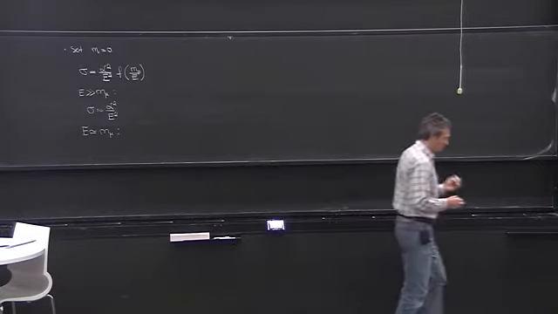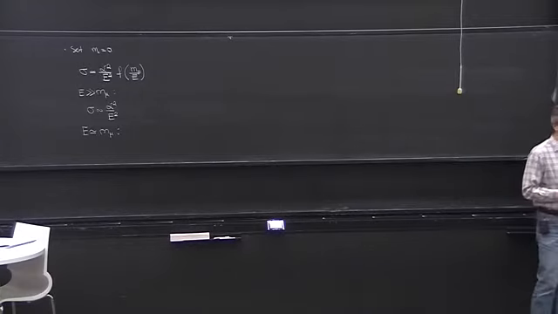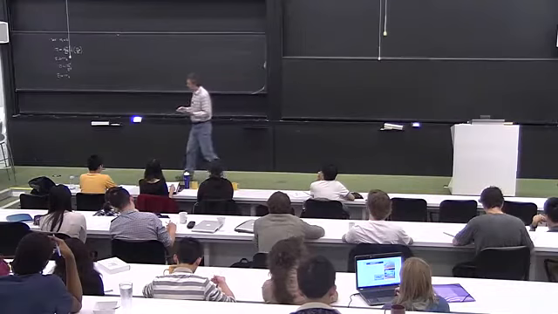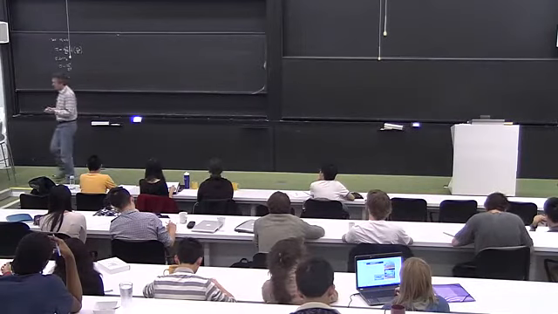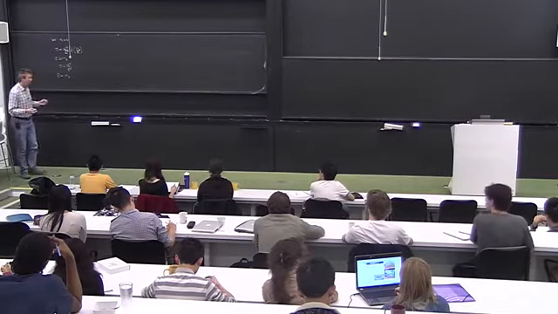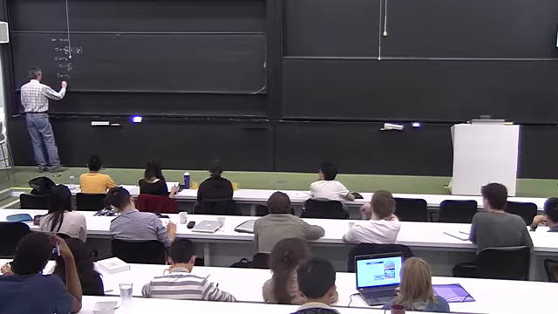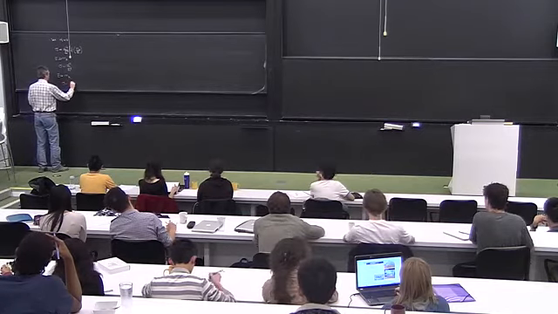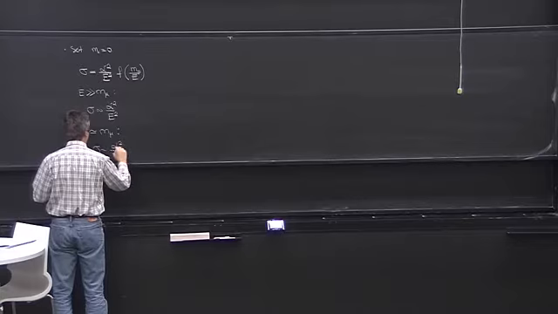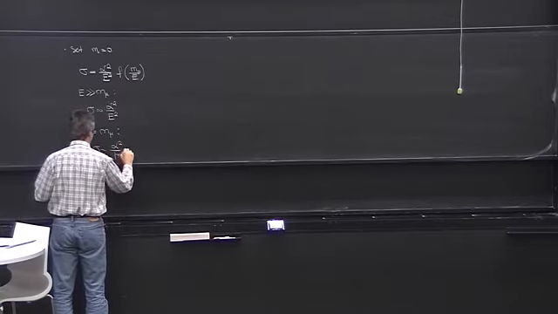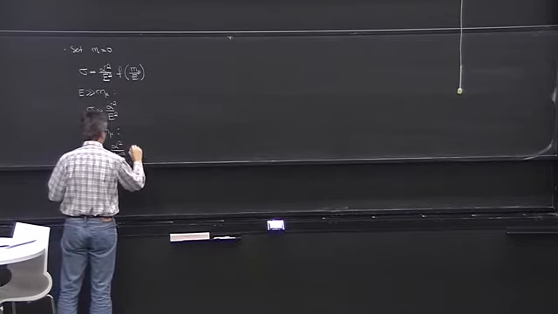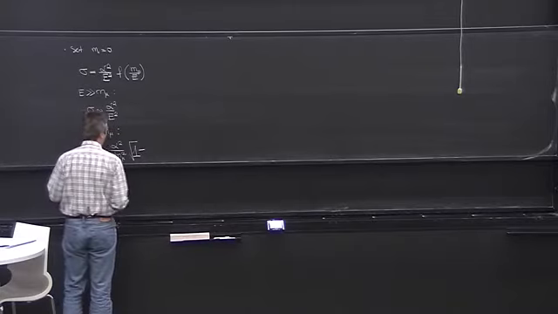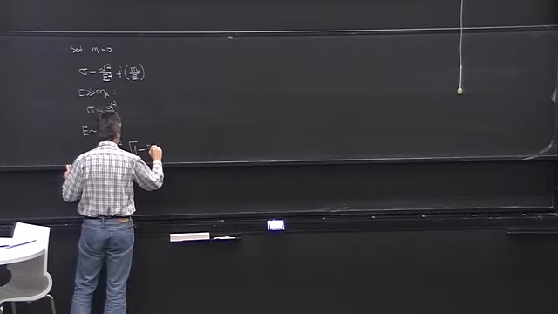So near threshold, if nothing specific happens to the matrix element, the behavior of the cross-section will be determined just by phase space. So we can write that the behavior should be simply proportional to the phase space.